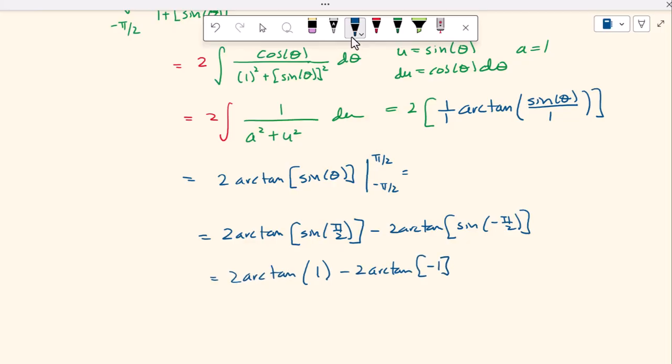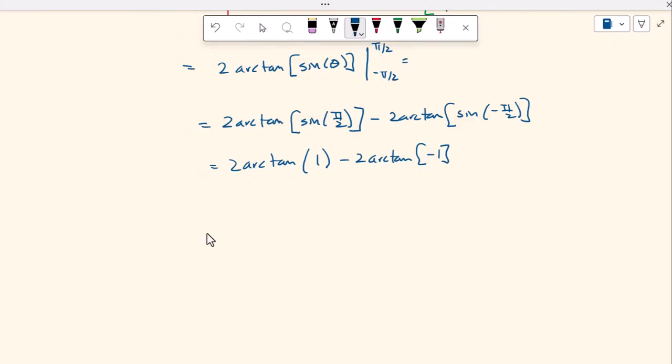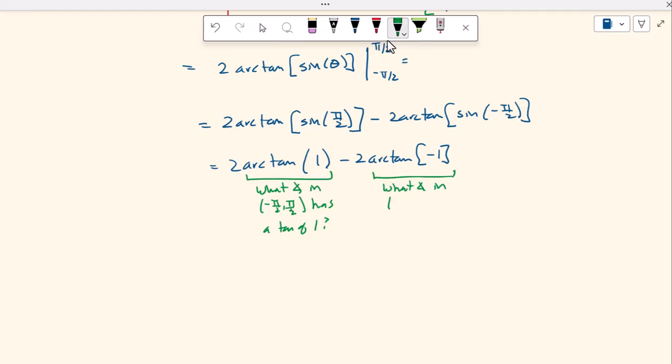Okay, so let's think about this. Now, every time we see an arc sine, arc cosine, arctan, any of those, that means what angle. So this means what angle in the interval from negative to positive pi over 2, endpoints not inclusive, has a tan of 1. So what angle in the interval from negative to positive pi over 2 has a tan of negative 1?